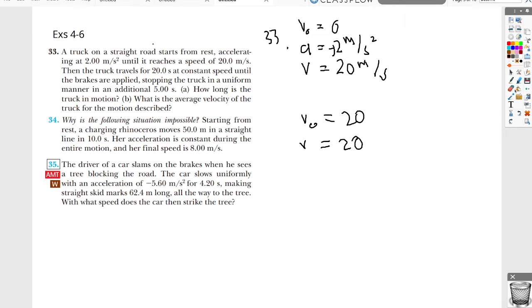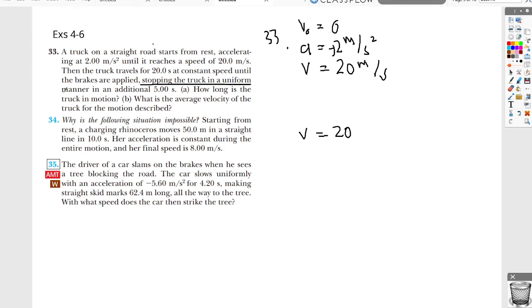Which is a little bit weird. So we can just say, in general, that v is equal to 20. And this doesn't have anything to do with v naught or v. Stopping the truck in a uniform manner in an additional 5 seconds. Okay, so I just say v is equal to 20. And then stopping the truck in a uniform manner.